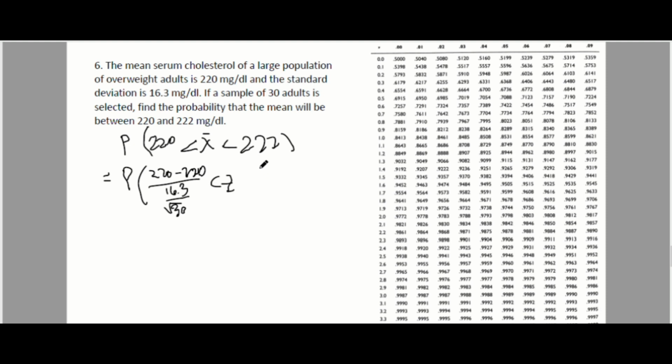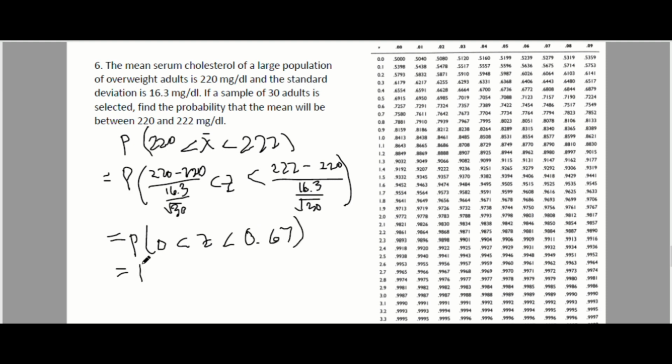And then z, 222 minus 220 over 16.3 over square root of 30. So obviously this is 0 because 220 minus 220 is 0. And the other one is 0.67.